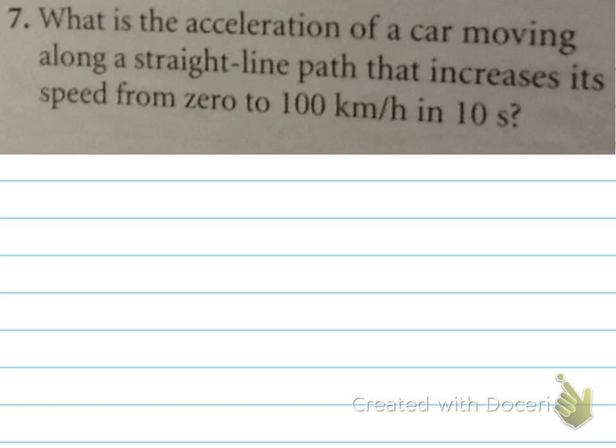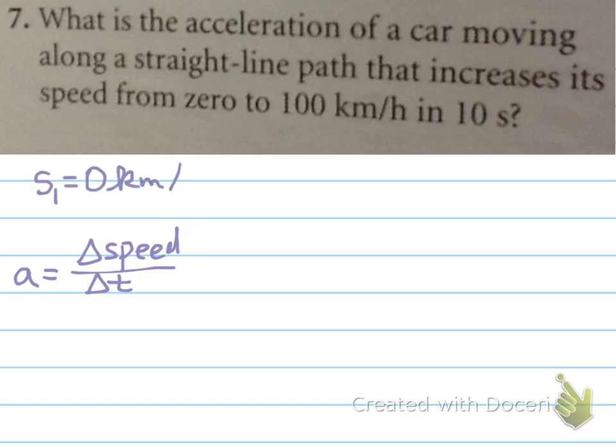Number 7. What is the acceleration of a car moving along a straight line path that increases its speed from 0 to 100 kilometers per hour in 10 seconds? So our equation for acceleration is our change in speed, because we're on a straight line path, over our change in time, or our time interval. So it increases its speed. Speed number 1 is 0 kilometers per hour.